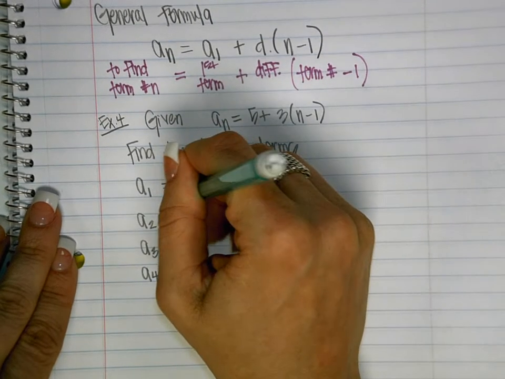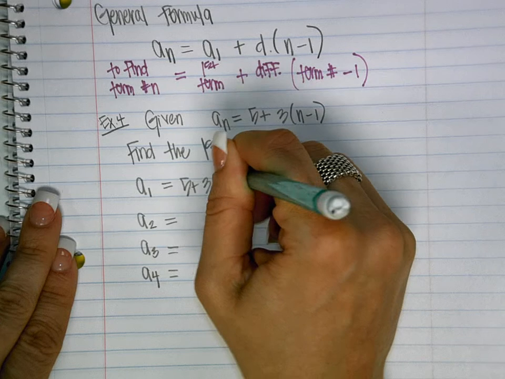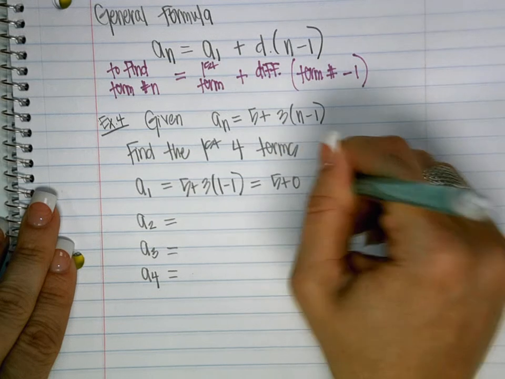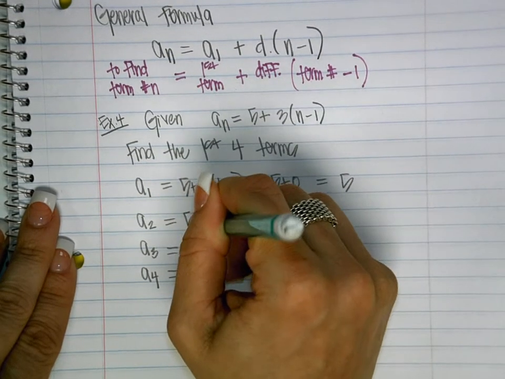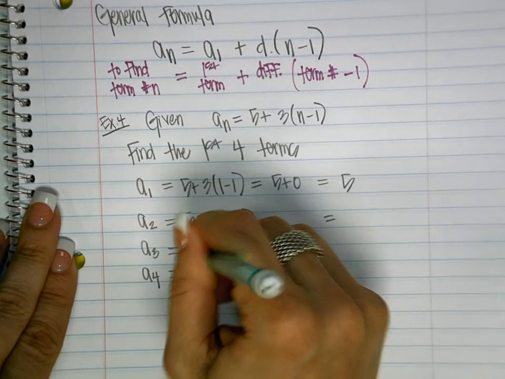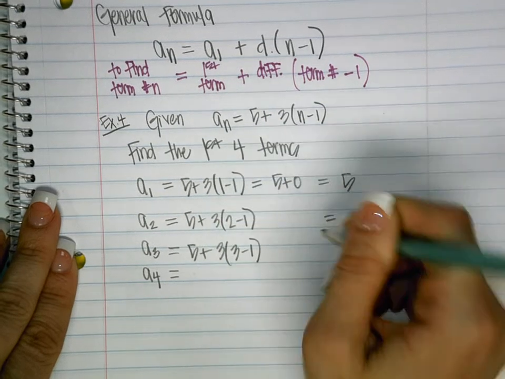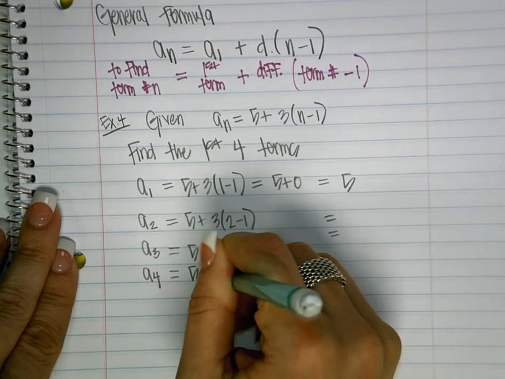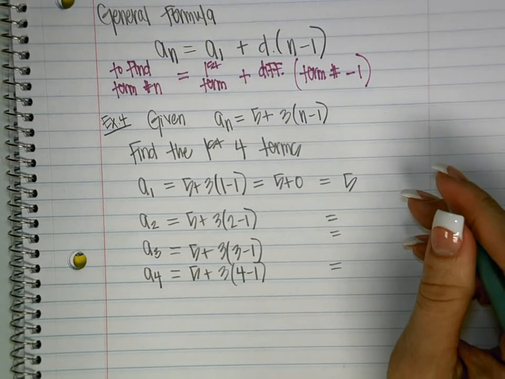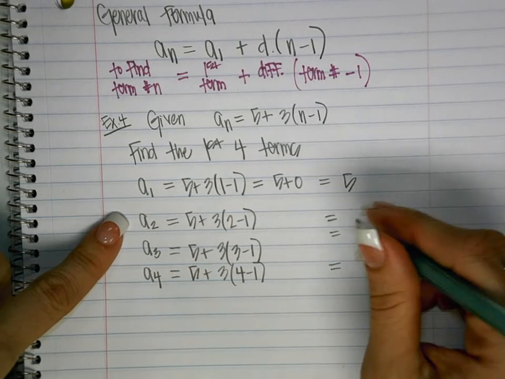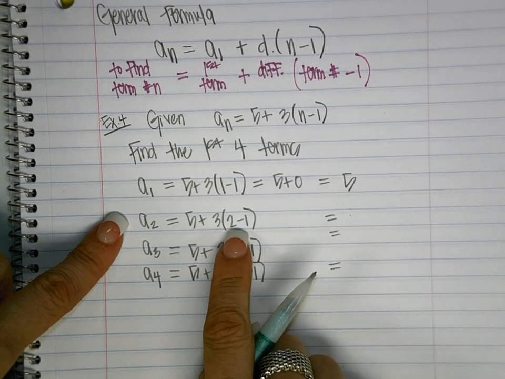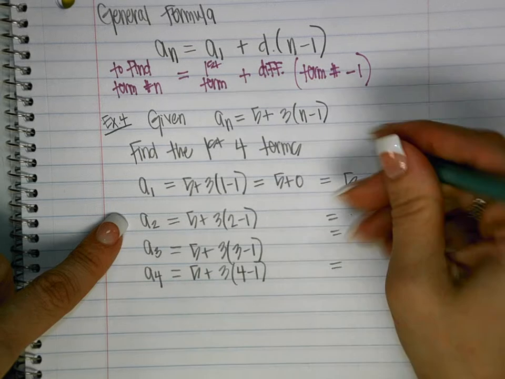So 5 plus 3 times 1 minus 1 gives you 5 plus 0, so that's 5. Plug in 5 plus 3 times 2 minus 1. You work those out. What would we get for a sub 2? 2 minus 1 is 1, times 3 is 3, plus 5 is 8.